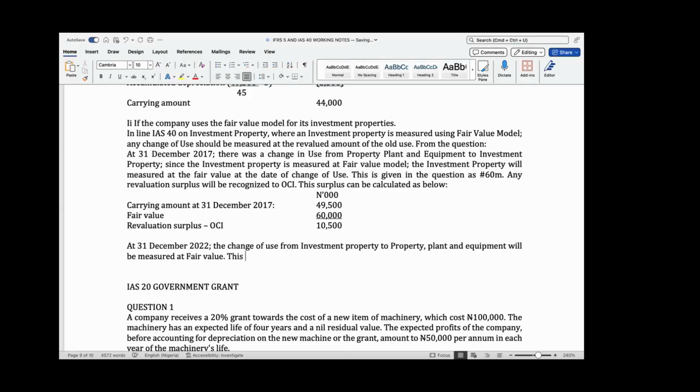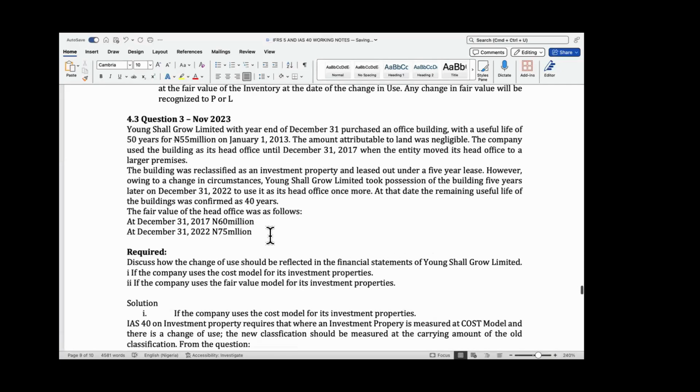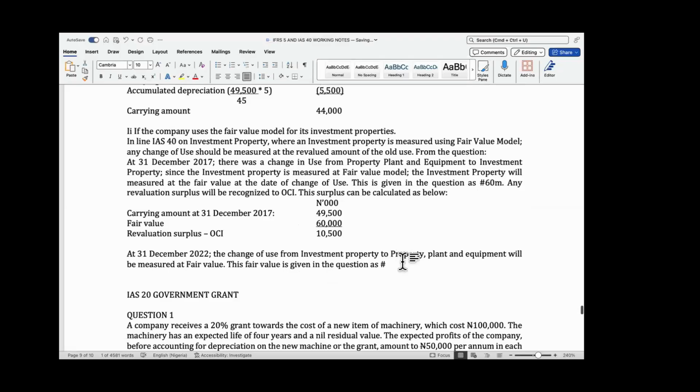And this fair value is given in the question as how much? 75 million.